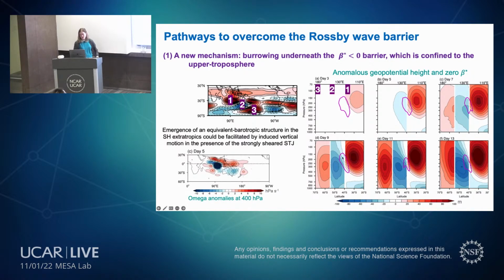So we have this clear difference in structure from the subtropics, where it's baroclinic, to the extratropics, where this response is equivalent barotropic. And we suggest that the development of this equivalent barotropic structure could be facilitated by strong vertical motion in the presence of the subtropical jet. So we have upward motion in the vicinity of this cyclonic anomaly, which promotes the development of this equivalent barotropic structure.